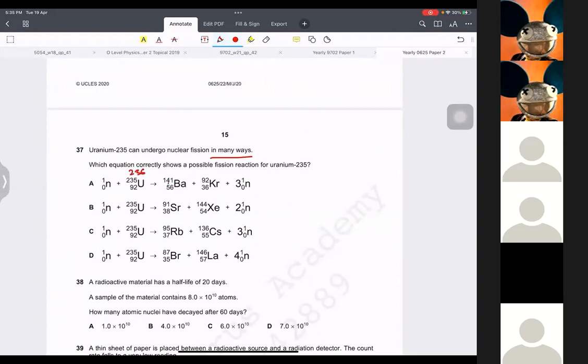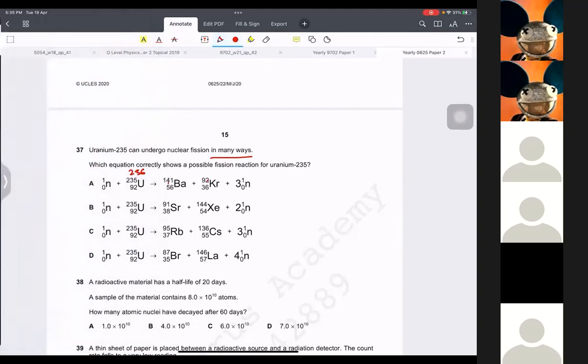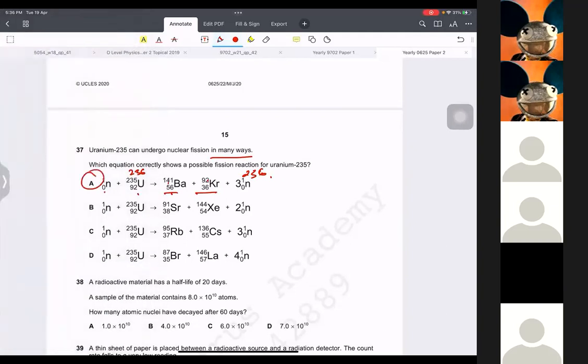This is 141 plus 92 plus 3 times 1. Yes, mass is correct, 236. And 92 and 56 plus 36 is 92. Yes, that's correct. Very good.